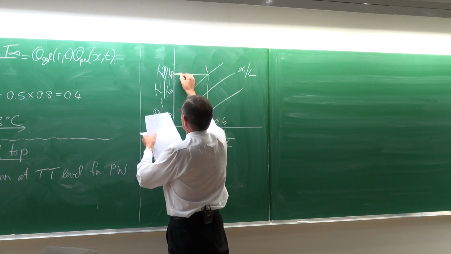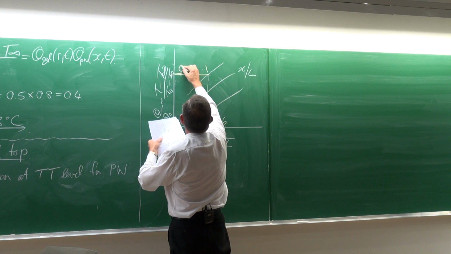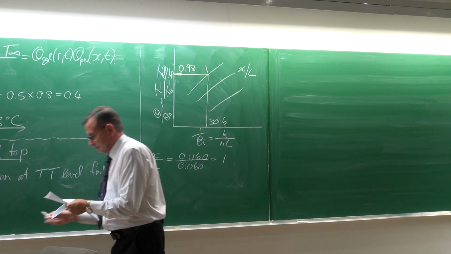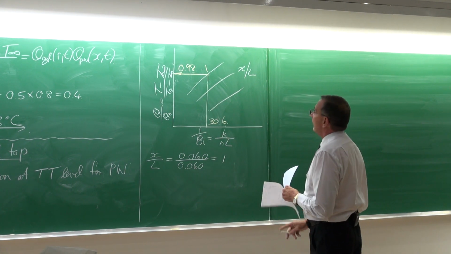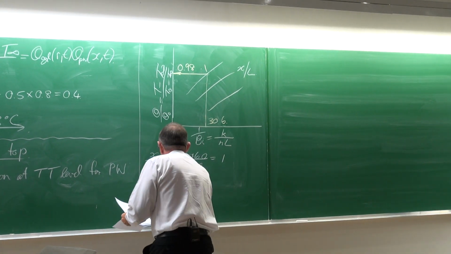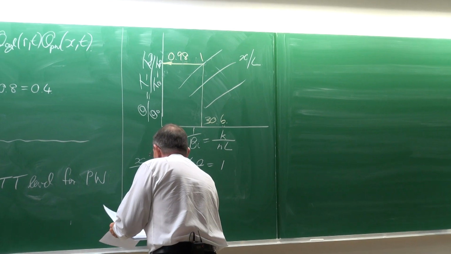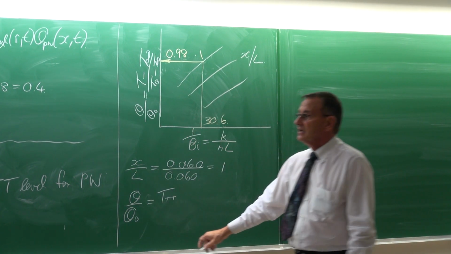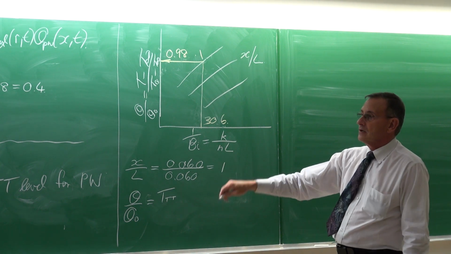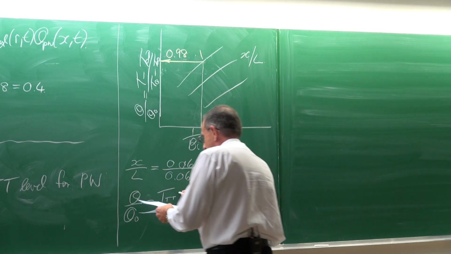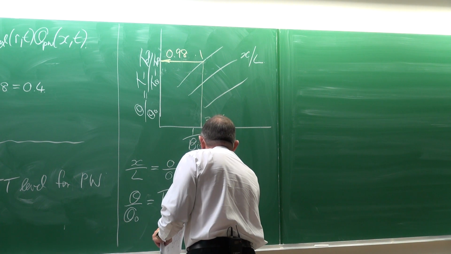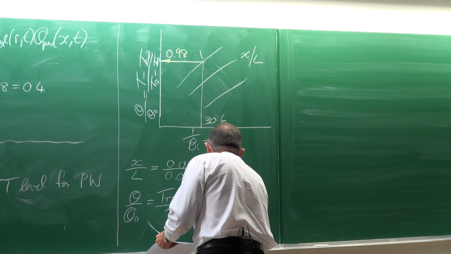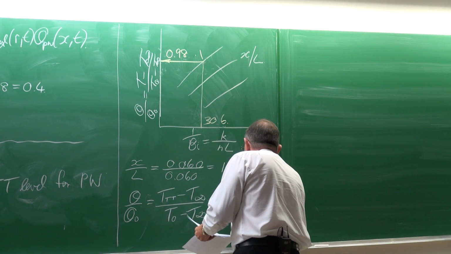And the solution there is going to be 0.98. Therefore that means that the temperature at TT, that plane there, minus T infinite divided by T0 minus T infinite is equal to 0.98.